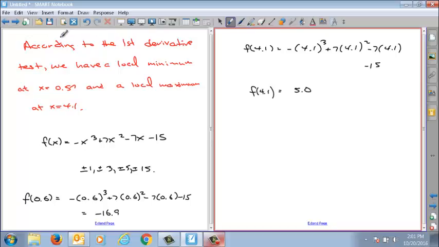So now let's use that information to plot those 2 points on graph paper.